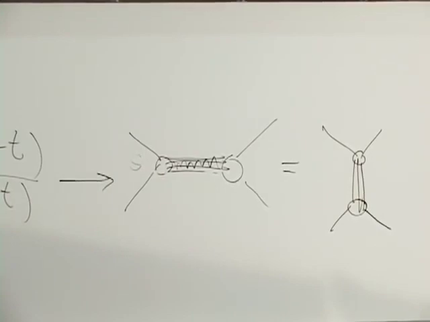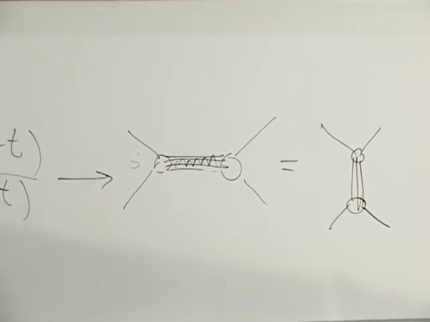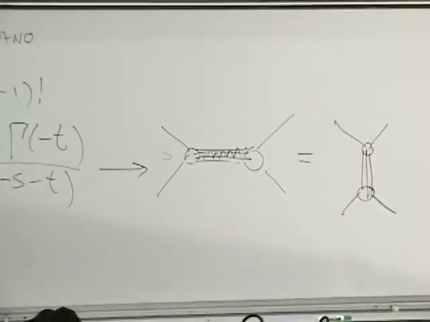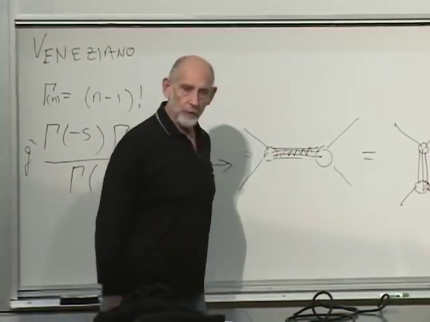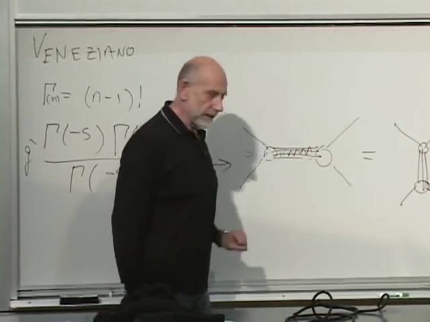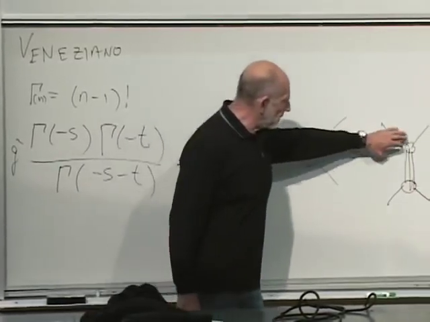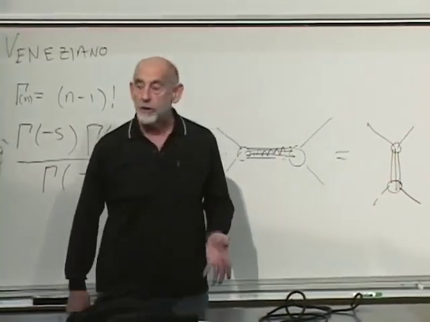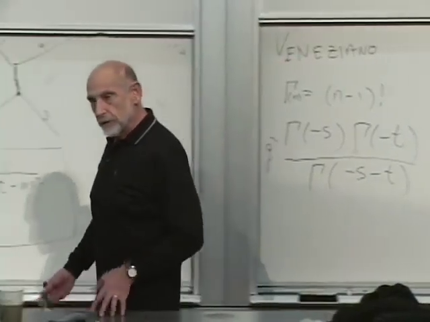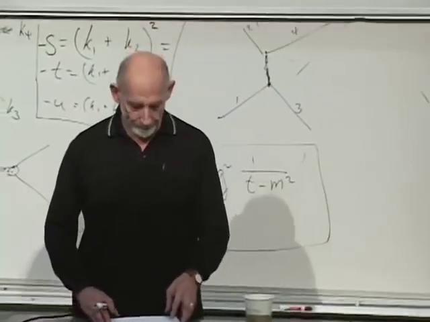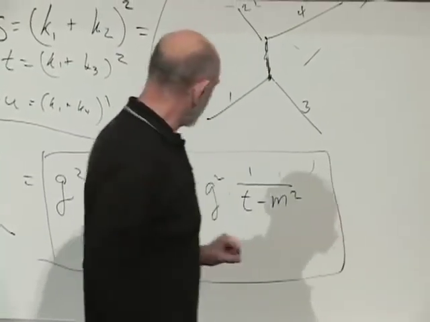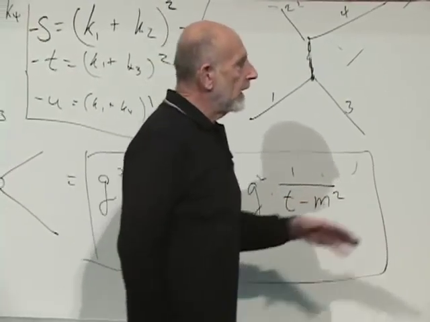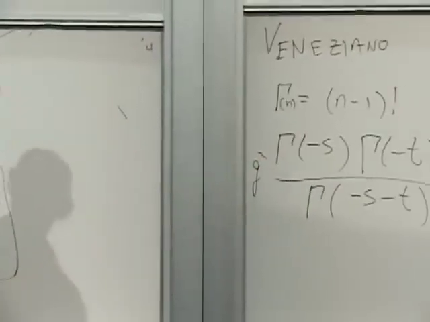It had all the important features that the scattering amplitude should have. It could be analyzed as if a whole bunch of particles were produced and then decayed, but it could also be analyzed as if a whole bunch of particles were exchanged. This was something new. This had not been seen before. Previous to this, everybody would have added contributions for S and T. And this thing replaced this.